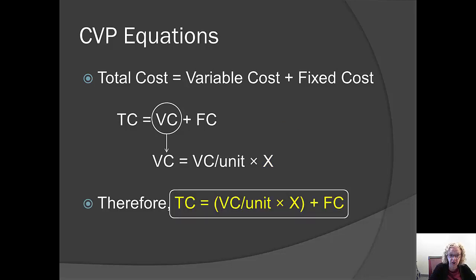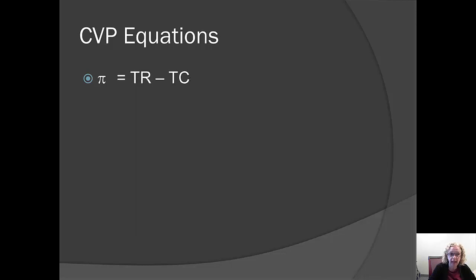Now we can substitute that back into our equation, and we can say that total cost is equal to the variable cost per unit times the number of units, X, plus our fixed cost. So far, so good.